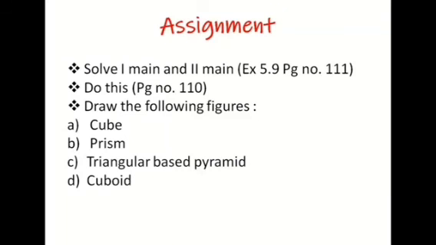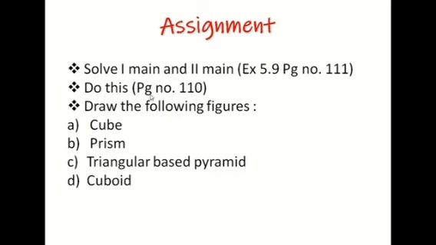Look at the assignment here. This assignment is from your part 1 textbook and page number is given here. Exercise 5.9, page 111. Solve first main and second main. First main, it is match the following, and second main, few questions are there. So follow your textbook and solve it.